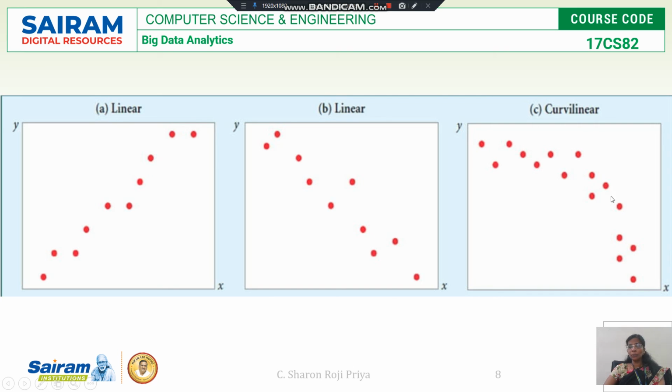And if you see the best fitting curve for this, it is not a straight line, it is just an arc. You can see it is a curve, right? This is the best fitting curve, so it is known as a curvilinear inverse relationship.